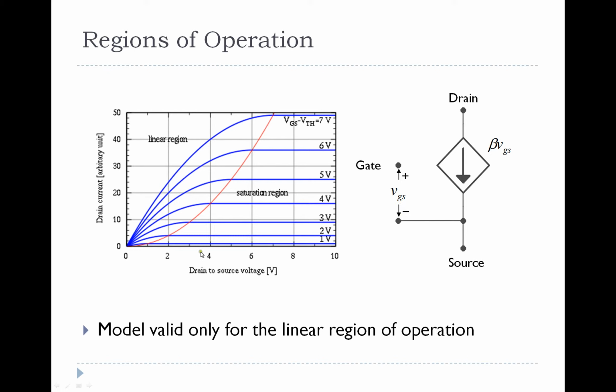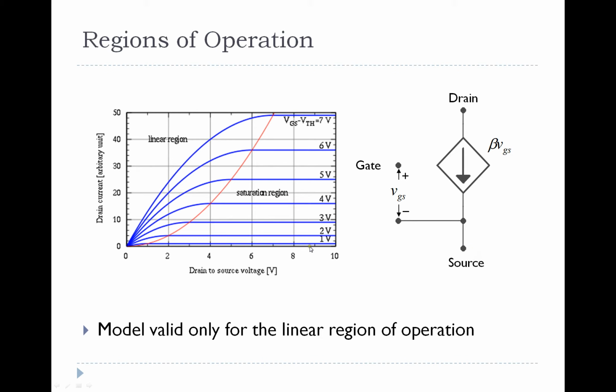The other common way to operate a field effect transistor is in the saturation region, and this occurs when the drain to source voltage is higher than the gate to source voltage. And in this region, we're conducting, this model no longer applies, and essentially the drain to source is no longer a current source. It's just going to act as a wire that allows some maximum amount of current to pass through between the drain and the source.